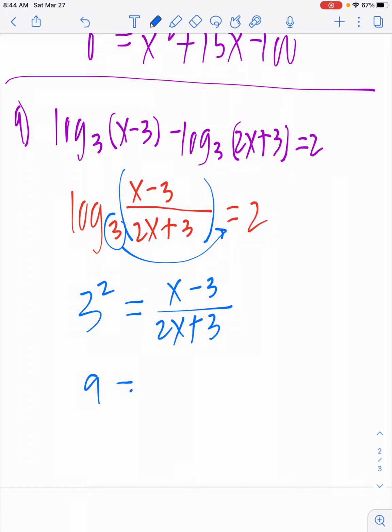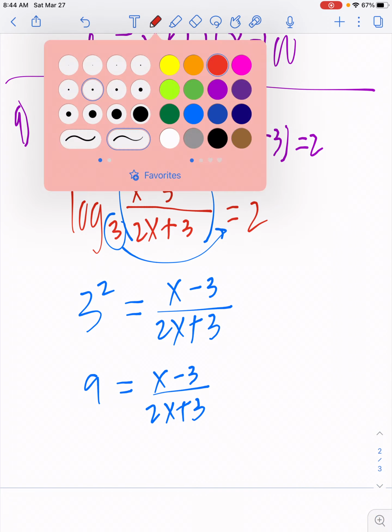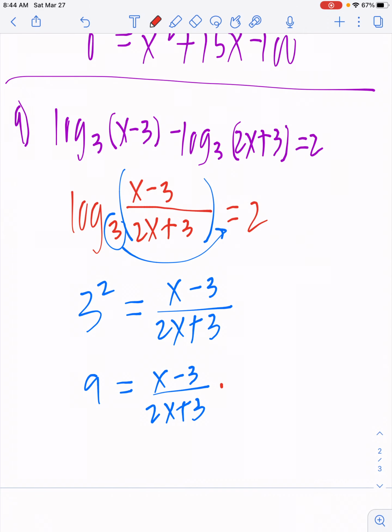Let's see. If I were you, I would just try to, this is just algebra at this point. Like, once you get the log away, it's like, thank goodness. Now I can just kind of do maybe some stuff that I'm used to. But anyways, I'd multiply by this 2x plus 3 on both sides.